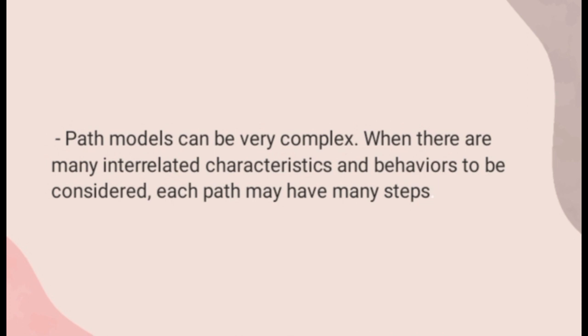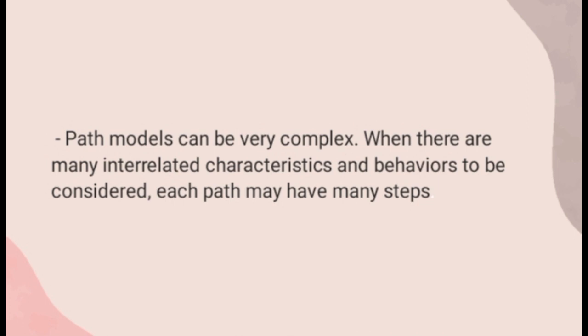Path models can be very complex when there are many interrelated characteristics and behaviors to be considered. Each path may have many steps. Path models can get complicated because they try to show how many different things are connected in a study.